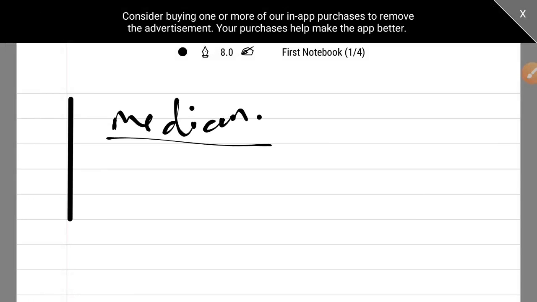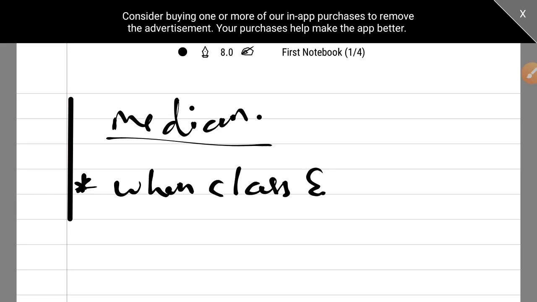Median. In median, we are doing the point when class and frequency both are given.